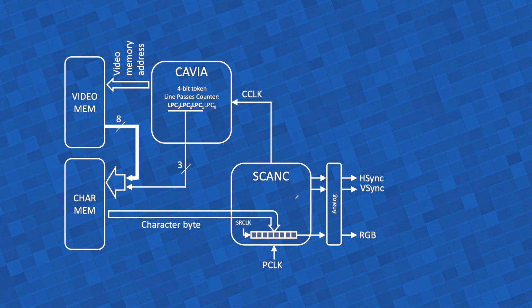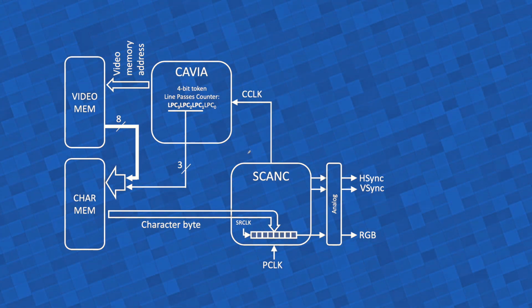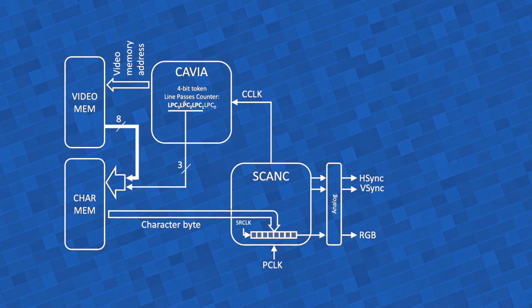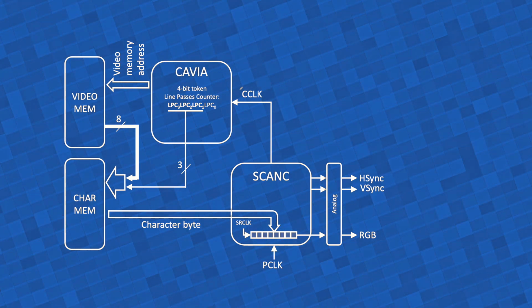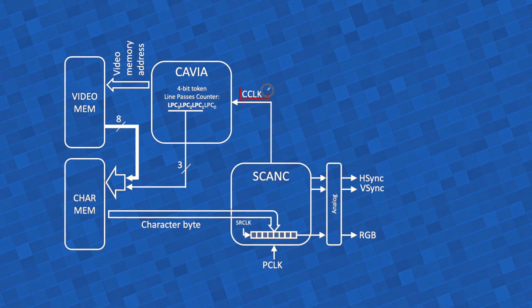In order for us to know how we have to schedule things, let's just remind ourselves again very briefly of everything that has to happen within one Cavia clock cycle.